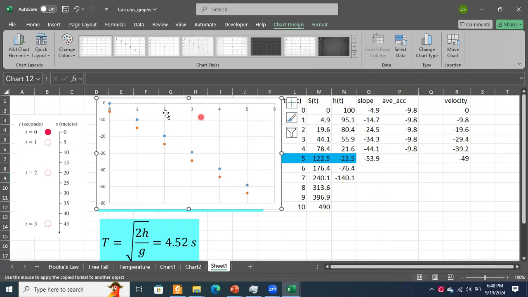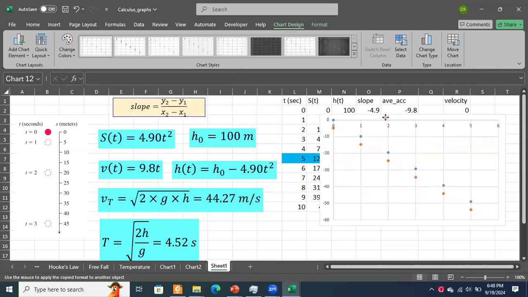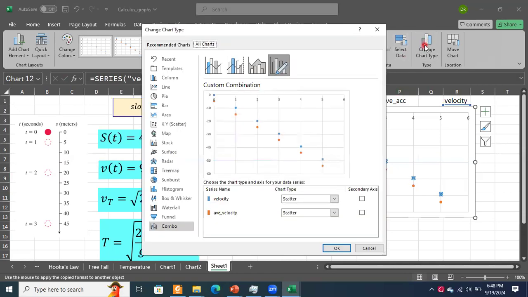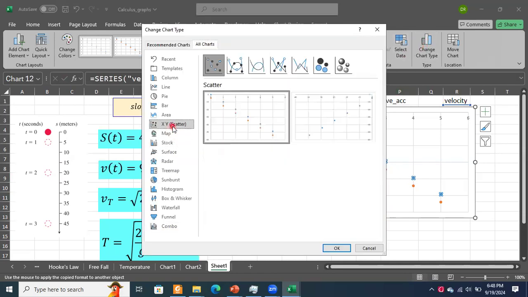And the velocity, in the analytical expression, is the equation of a straight line. So it is logical to join these points with straight lines. So I can change the point type of the scatter plot to connected points.